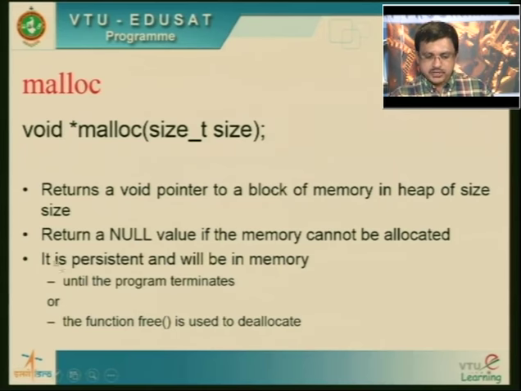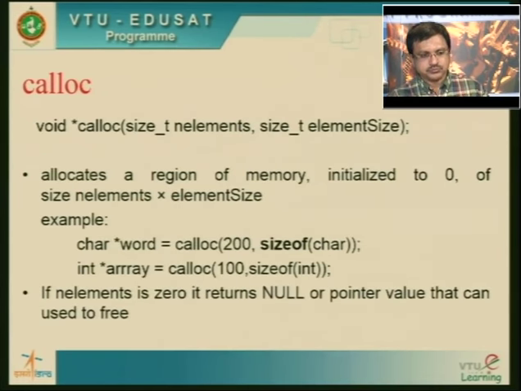It is persistent, so after you do the malloc, the space is available to you until the program terminates or the user decides to release it using the free function.